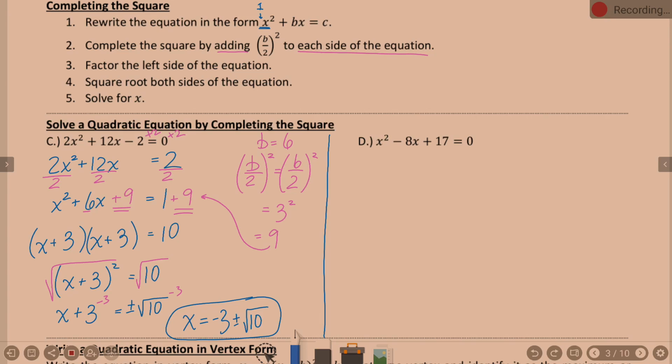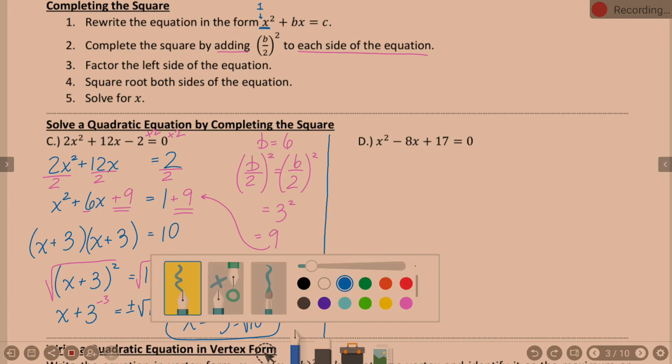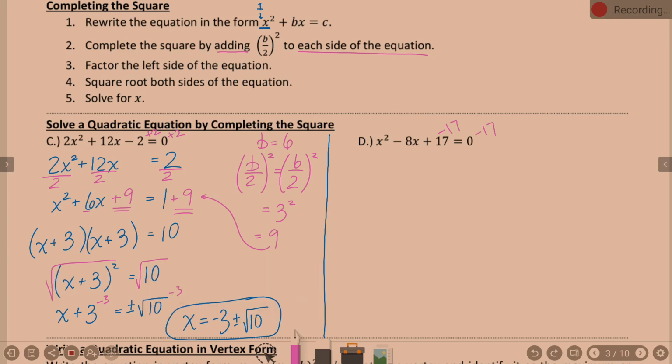Okay, step 1. X squared minus 8x plus 17 equals 0. What do I need to do? Subtract 17. Okay, I'm trying to get the x squared and x term by themselves. So we're going to move this c value. I'm going to subtract 17. Good. I now have x squared minus 8x still. 17 moves, so it's 0.